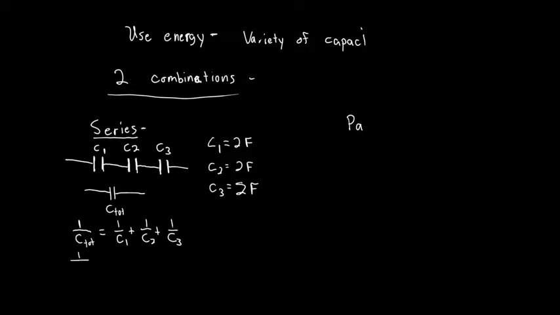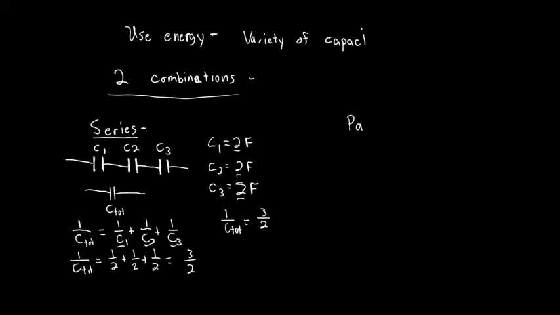So 1 over C total is equal to 1 over 2 plus 1 over 2 plus 1 over 2. I've plugged in these values of 2 for all my capacitances C1, C2, and C3. I add these up, and I get a value of 3 over 2. So 1 divided by C total is equal to 3 divided by 2.